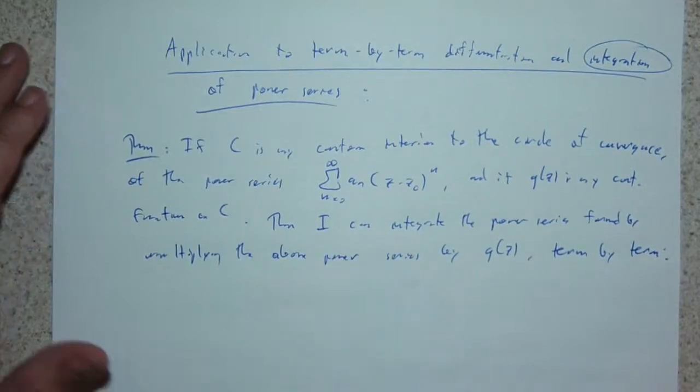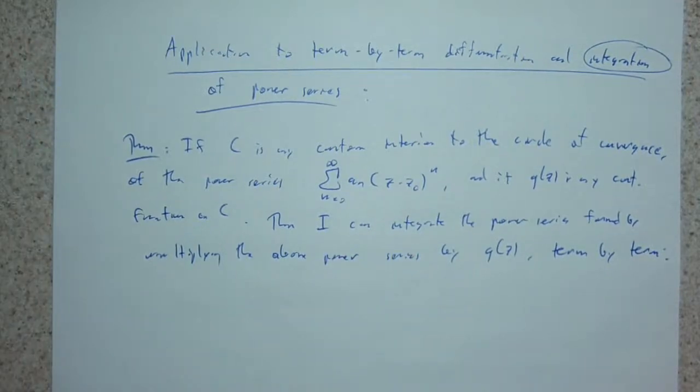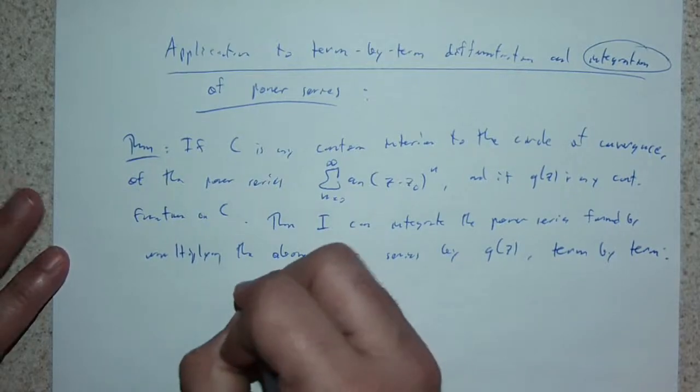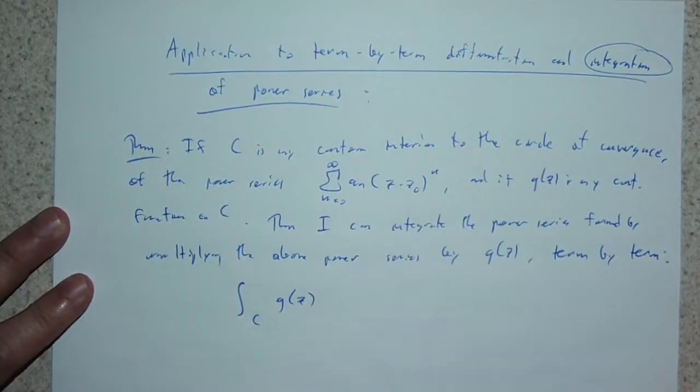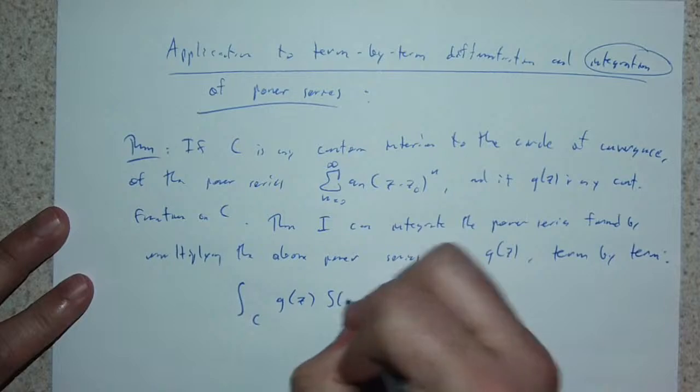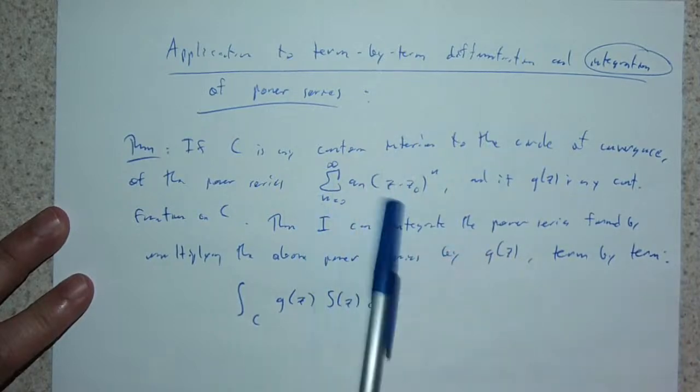So before, when we did term by term integration and differentiation of power series, you were just using calc 1 derivatives and calc 1 integrals here. So our analog of that, of course, is contour integrals. So here I'm integrating over contour g of z times, we called it s of z, dz, which is this sum.